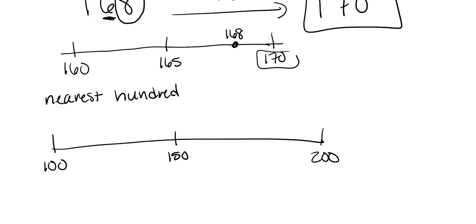The middle spot is 150, and 168 is to the right of that. Is 168 closer to 200 or 100? Visually, we can see it's closer to 200. So the nearest 100 is actually 200.